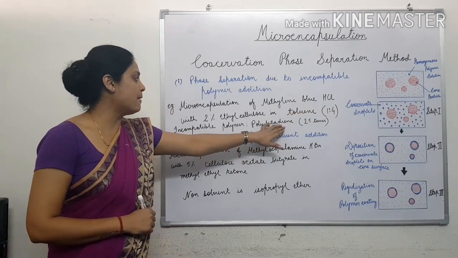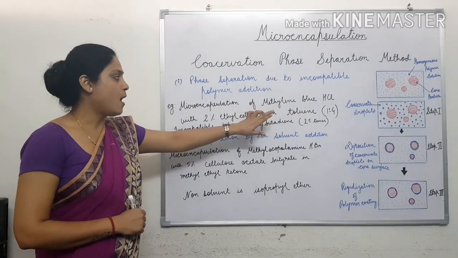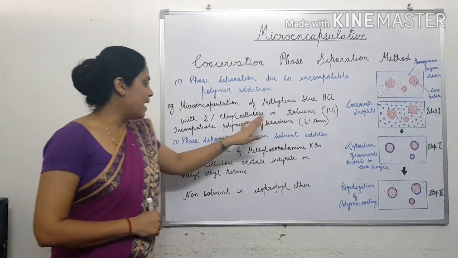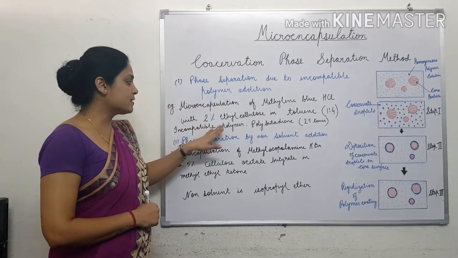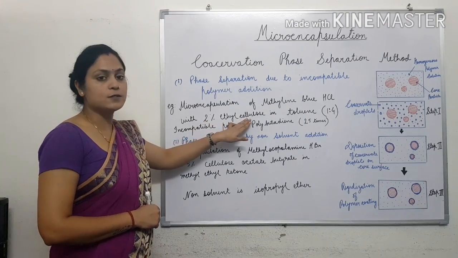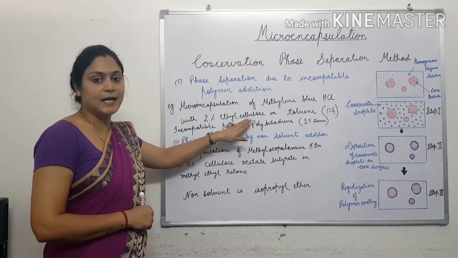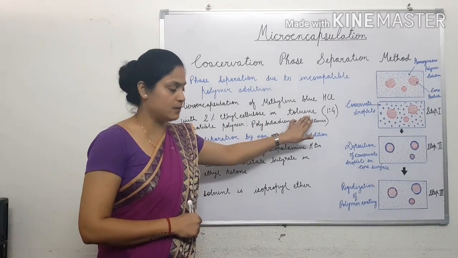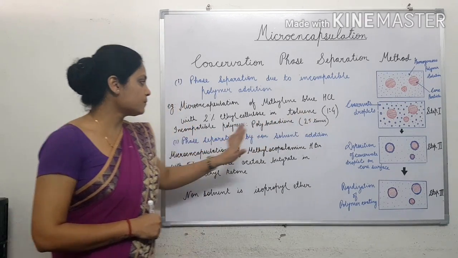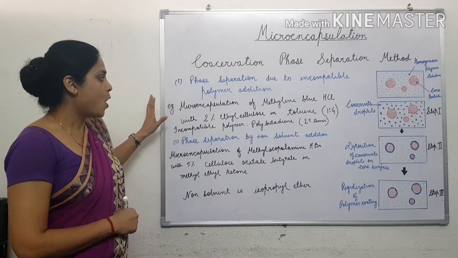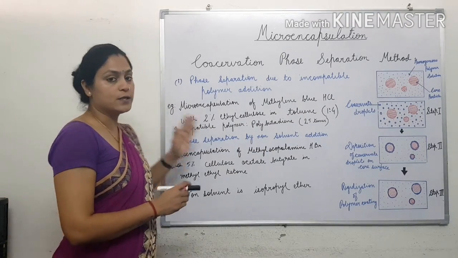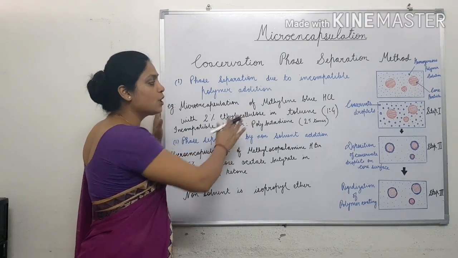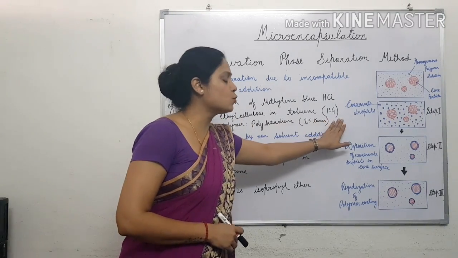Students, in this example, the core particles are methylene blue hydrochloride crystals and the coating material is ethyl cellulose at 2% concentration, and the liquid manufacturing vehicle here is toluene. The ratio of core particle to coating material should be 1:4.